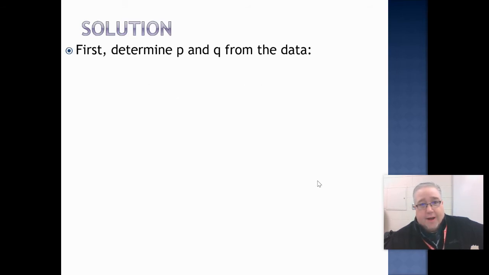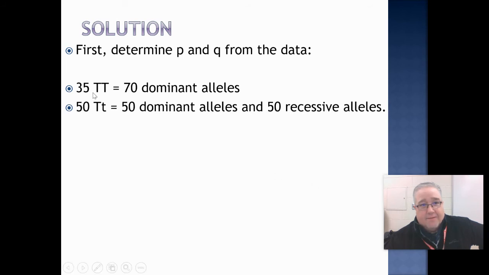So the first thing we can figure out is what P and Q are, right? We know that 35 of those rabbits, I probably should use B's, but I used T's here for some reason, 35 rabbits are big T, right? So they contribute 70 dominant alleles to the gene pool. 50 of those rabbits are heterozygous, so 50 dominant alleles and 50 recessive alleles.